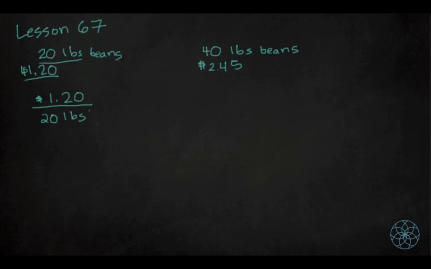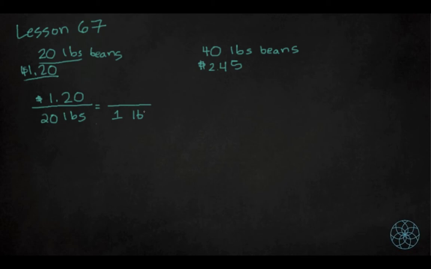When you are calculating the unit price, that means that you want to figure out how much 1 unit of beans costs. Not 20 pounds, just 1 pound. So how would you do that? If it costs $1.20 for 20 pounds, how much would 1 pound cost?